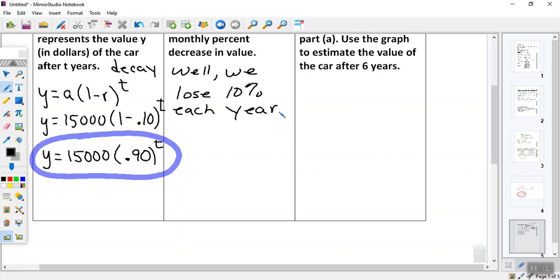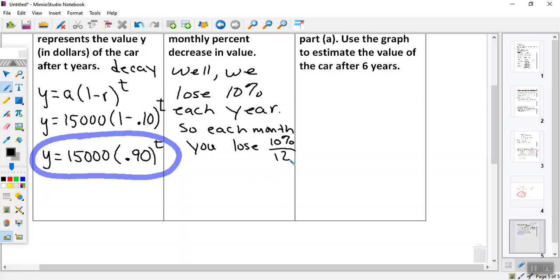So if they want to know how much you lose each month, what percent you lose each month, wouldn't I take that 10% a year and divide it by 12 months in a year? Yeah, so each month you lose 10% divided by 12 months.